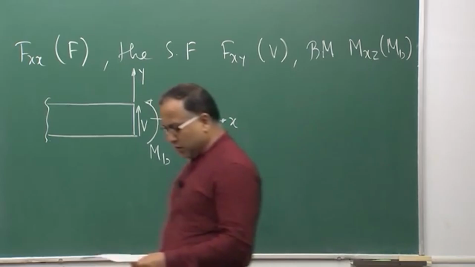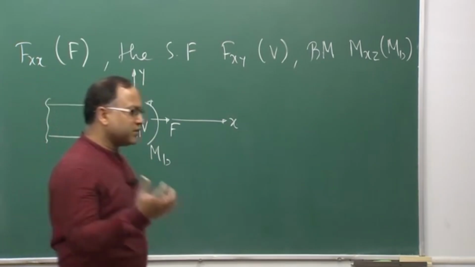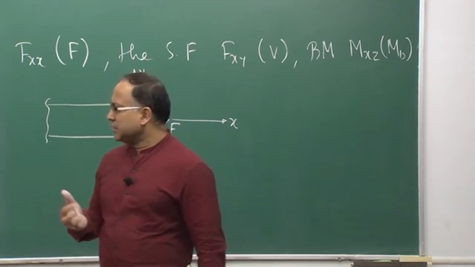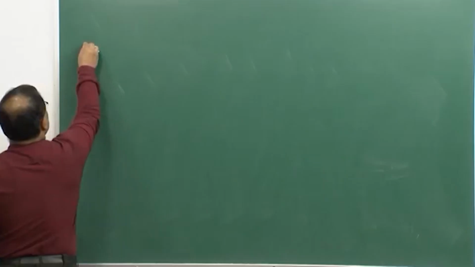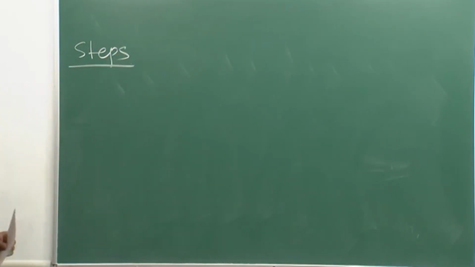Now, before taking a small example, we should know what the steps involved in this analysis are. So, let us do that. Steps involved in the analysis of the slender member.